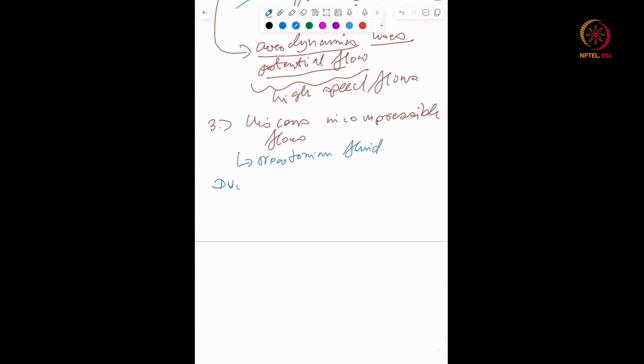So dui/dt. Remember, this is the substantial derivative, equals minus 1 over rho dp/dxi plus nu times d squared ui/dx1 squared plus d squared ui/dx2 squared plus d squared ui/dx3 squared.